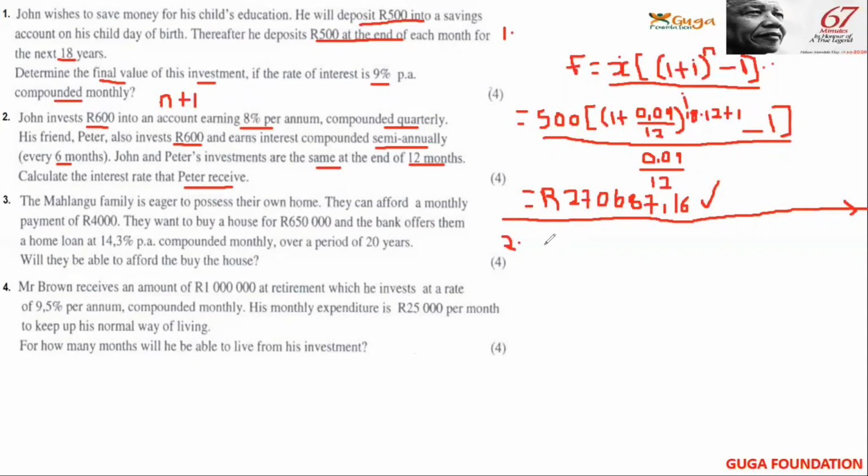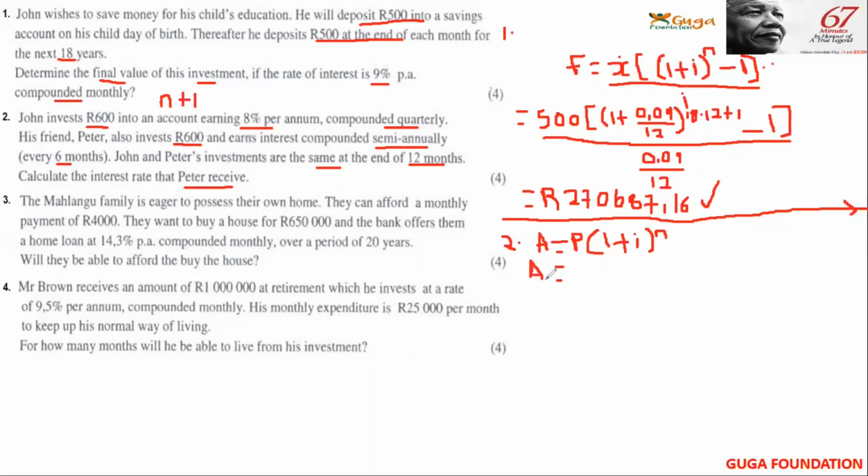Now here, this is not an annuity. So here we can use the formula A is equal to P into 1 plus i to the power n, where A is the amount and n is the number of periods. So we can start by calculating the amount for John.